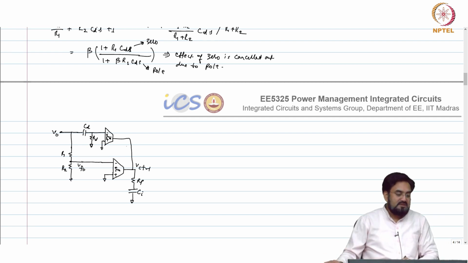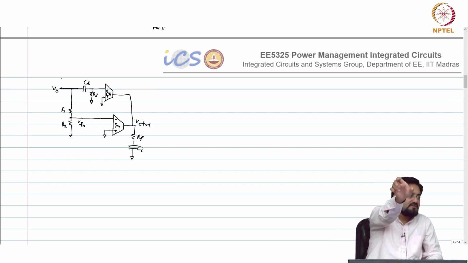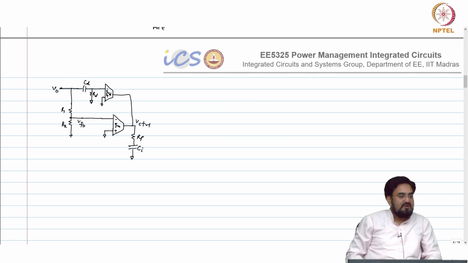This RDCD is a high pass filter, so it will have a 0 at origin and a pole at 1 over RDCD.